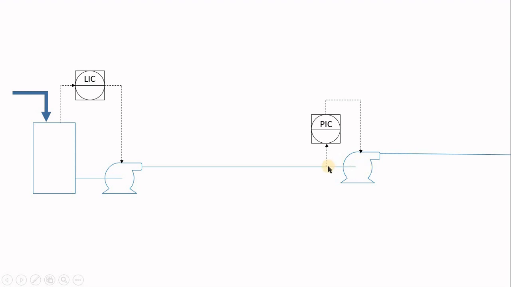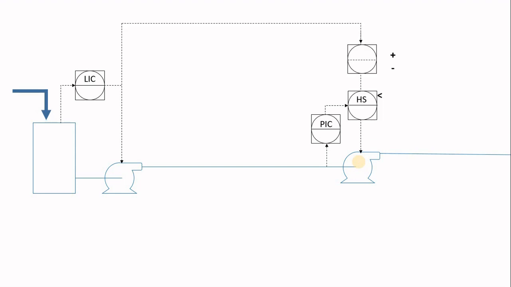The suction pressure will go down, and the pump will go to a lower speed as well. So this is how the system works much more smoothly than the previous scenario, in which the LIC drives both of them at the same speed.